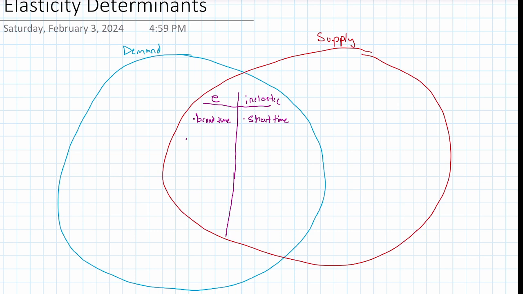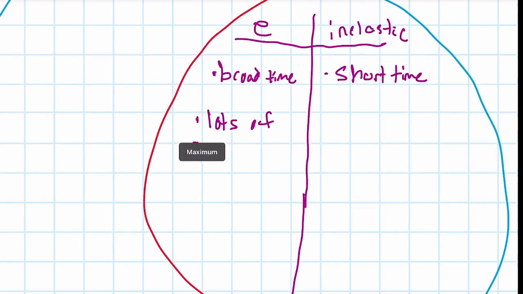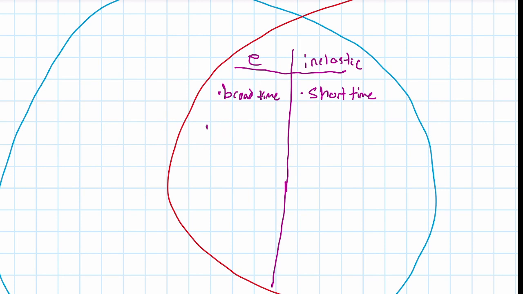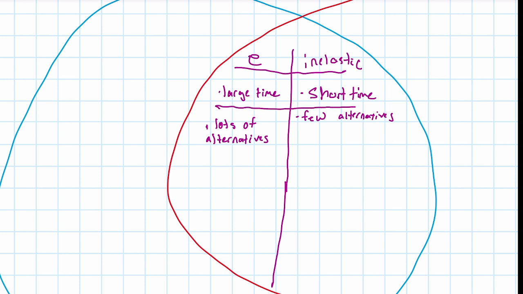So if there's lots of alternatives, whether supply or demand, doesn't matter.